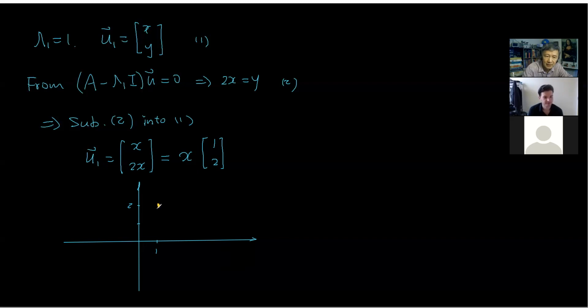If that is a coordinate system, now if we treat it as a vector, because the basis is after all a vector, that would be one of the eigenvectors.